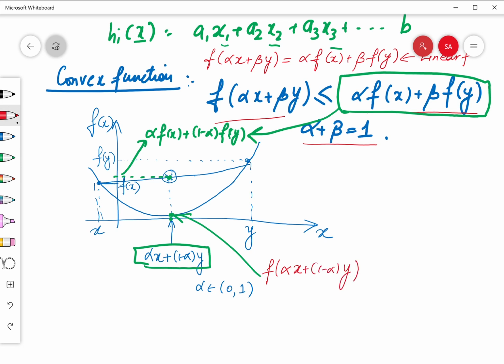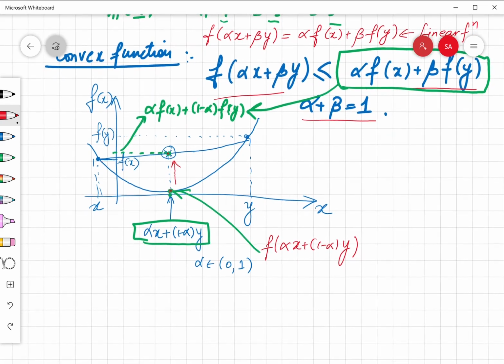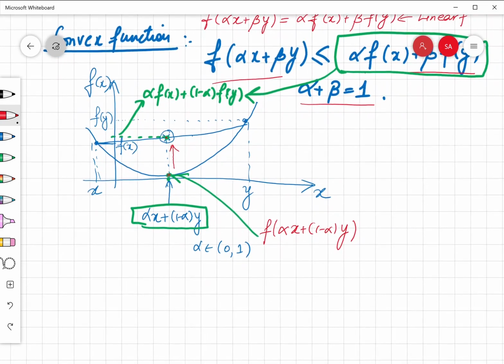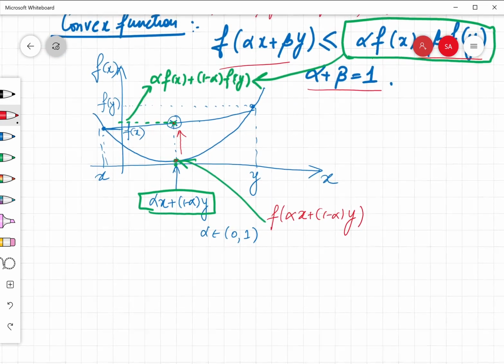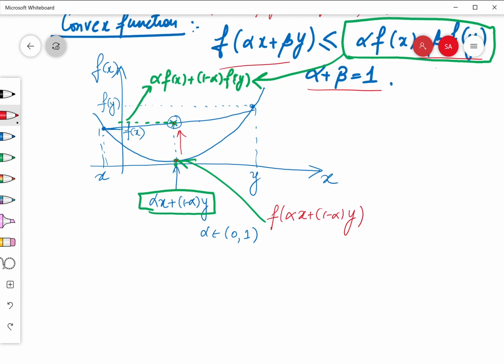So the thing here is that if you join two points on a curve, then the chord should always be above the function curve. Okay, so this is one definition. If you are given any function and you want to prove its convexity, then you have to use this formula. This formula is very important here. So this is how you are going to prove that a function is convex.